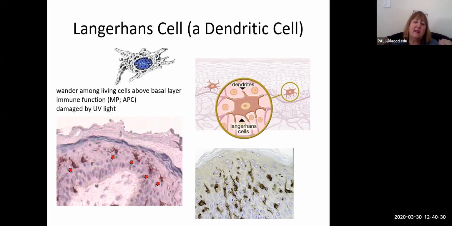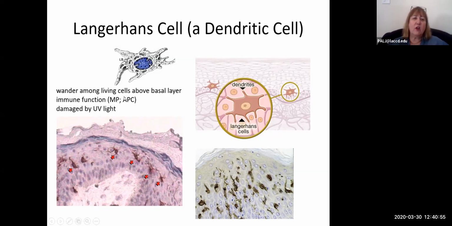This Langerhans cell actually came from the cells that give us some of our white blood cells, so it performs an immune function. It becomes a macrophage, one of those cells that eats debris or other things. Later on, when you do immunology second semester, you'll learn what an APC cell is, but for now, you don't have to know that.